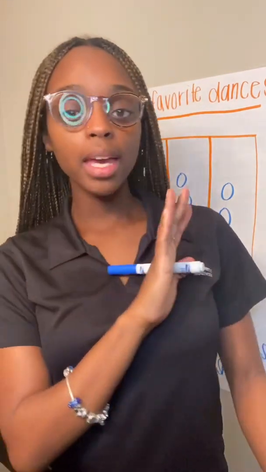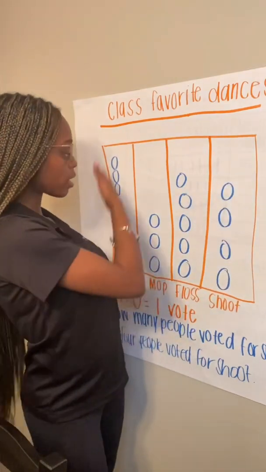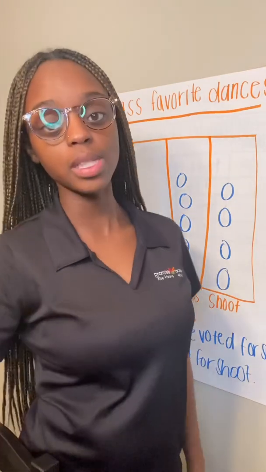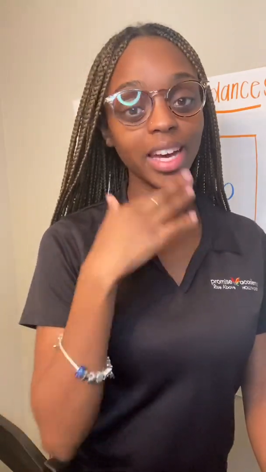So, I just want to make time for any clarifying questions that you may have. The directions on the problem set say to use grid paper to create a picture graph, but as you can see, we did not use grid paper today. You could just draw a rectangle and partition it to however many categories are presented on the problem set and just fill it in that way. I am completely aware that we don't have graph paper. I don't even have graph paper, so I can't expect you to have graph paper if I don't have it.